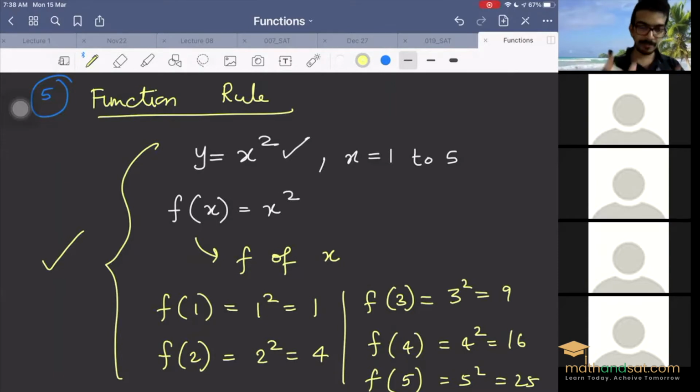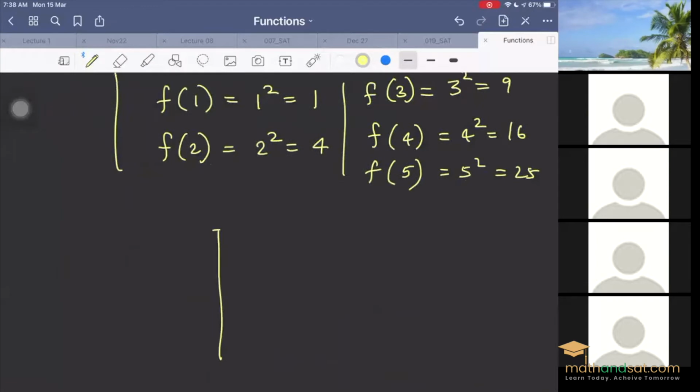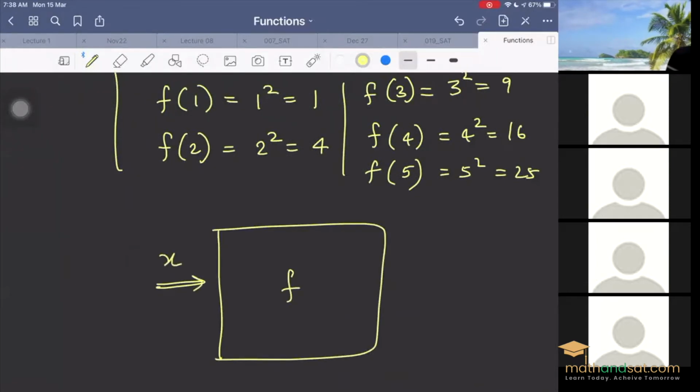If you give an input x to this function f, it will throw up f of x as the output. So your output y is often represented as f of x.